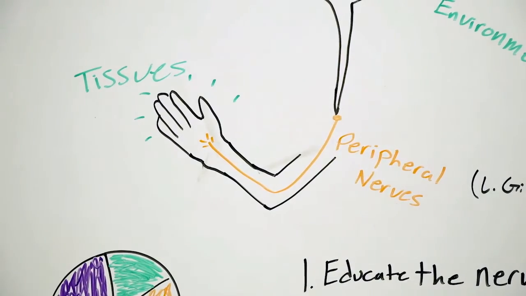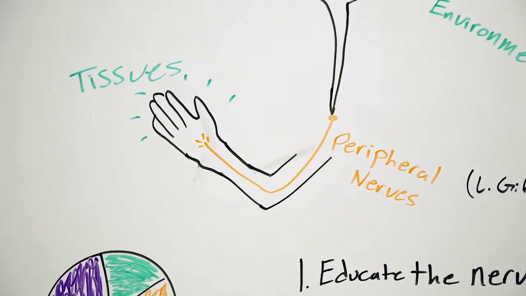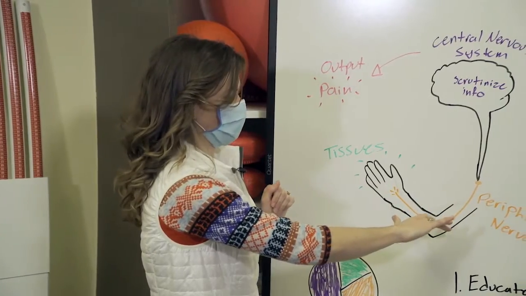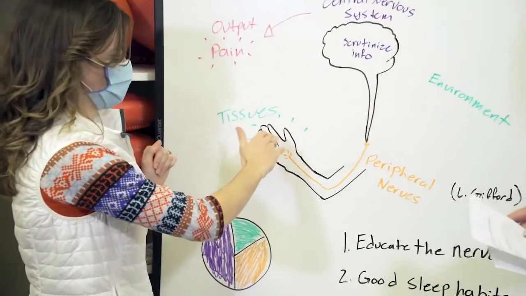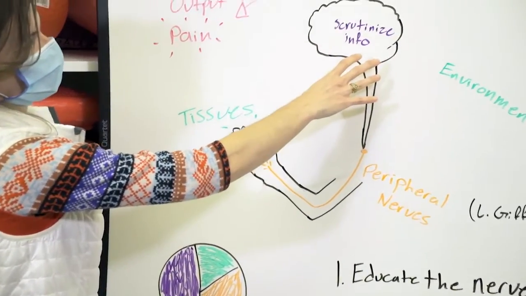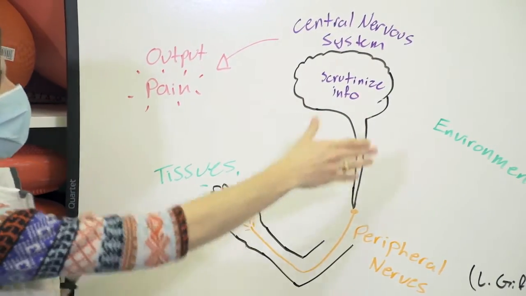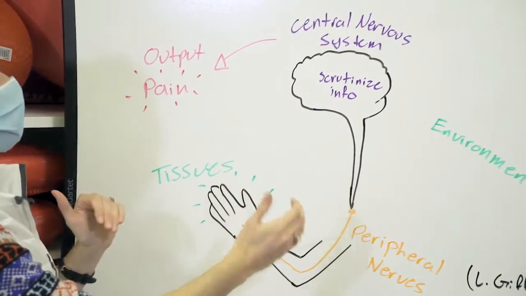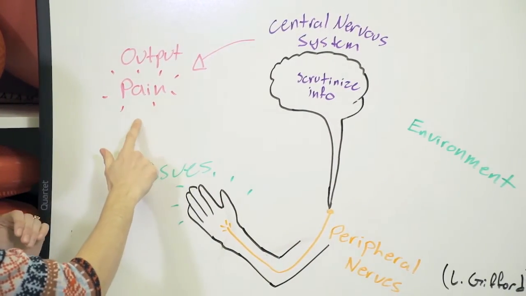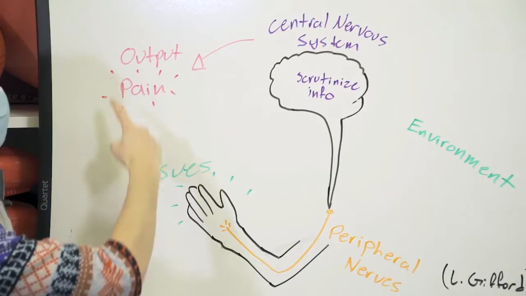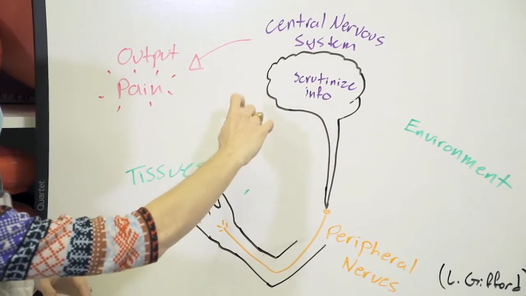The signal between the tissues and your brain travels through the peripheral nerves, or the peripheral nervous system. The signal is sent to your central nervous system, which is both the brain and the spinal cord. Once that signal is sent to the brain, it scrutinizes the information and you get the output of pain. So pain is the experience of that whole loop and that system going through there.